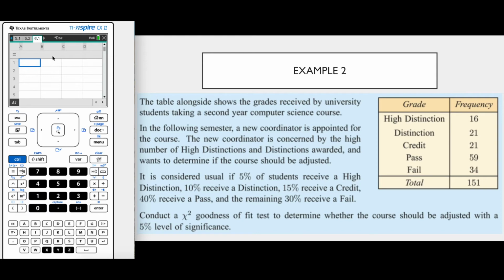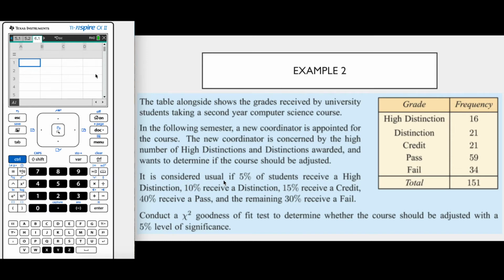The table alongside shows the grades received by university students taking a second-year computer science course. In the following semester, a new coordinator is appointed for the course. The new coordinator is concerned by the high number of high distinctions and distinctions awarded, and he wants to determine if the course could be adjusted.